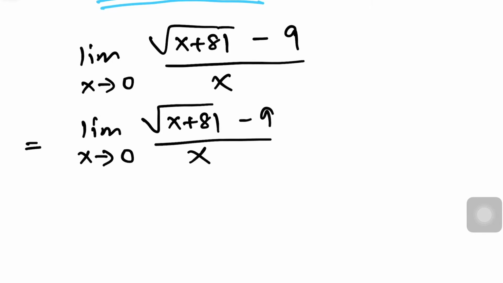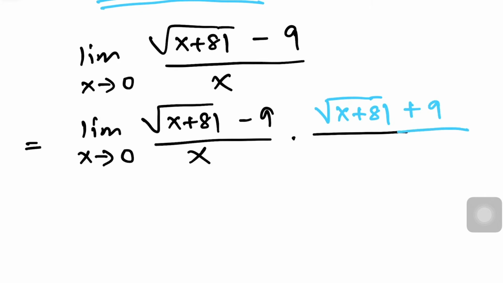So that's exactly what we're going to do. I'm going to multiply top and bottom by the conjugate, okay? So that's going to give us square root of x plus 81 plus 9. I'm also going to divide by the same thing, square root of x plus 81 plus 9.